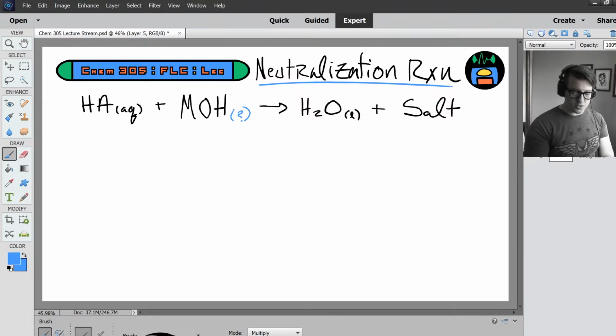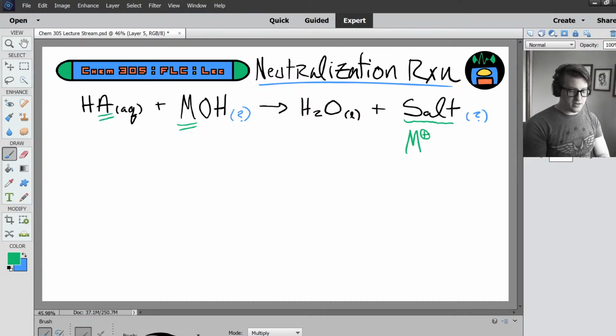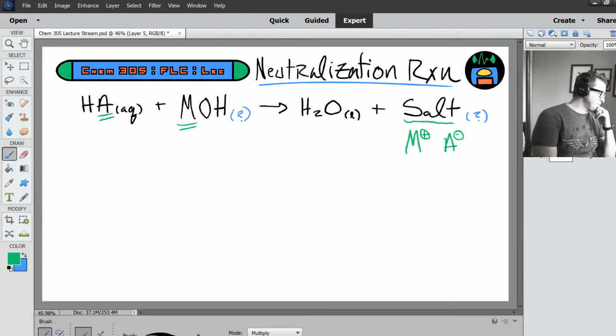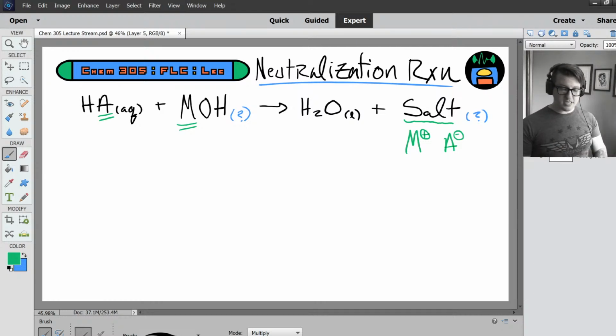All right, salt is just a term for some ionic compound, and this particular salt will have the cation that was involved with your metal hydroxide, and the anion will be the conjugate base of your acid that reacted here. Now, it'll always produce water and salt, and that salt will be determined by the specific acid and specific metal hydroxide used.